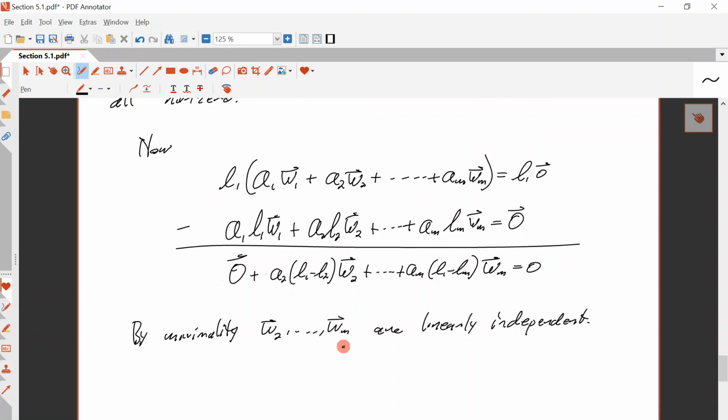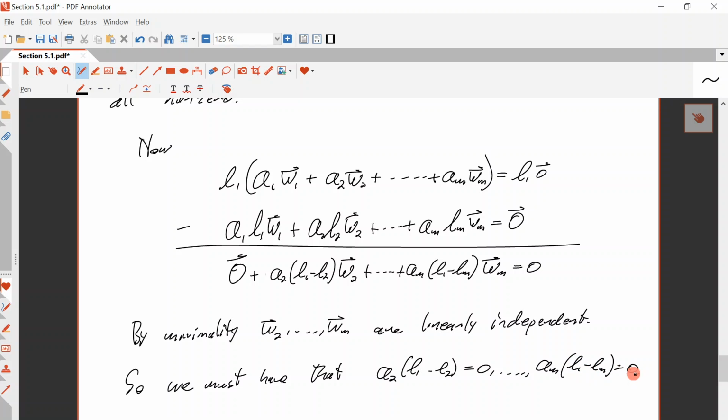By minimality, W2 to WM are linearly independent. Okay, so we must have that A2 L1 minus L2 is equal to 0 all the way out to AM L1 minus LM is equal to 0 as well.